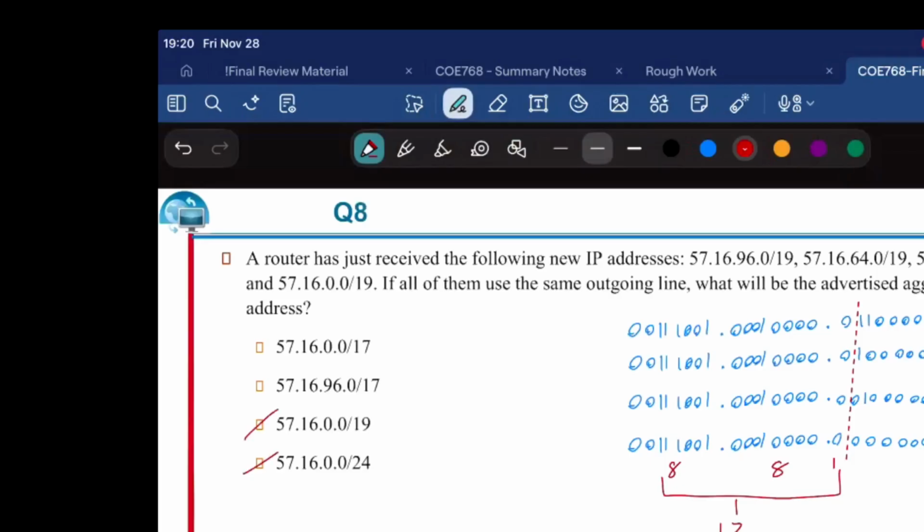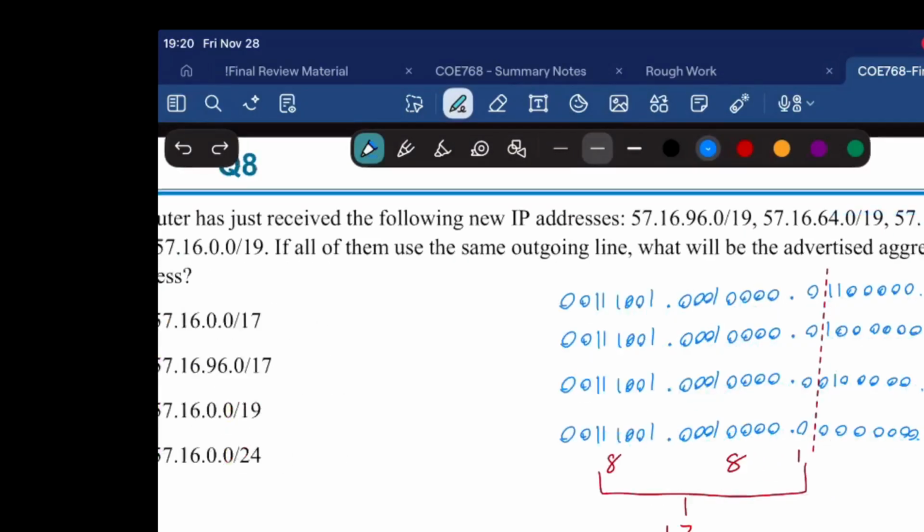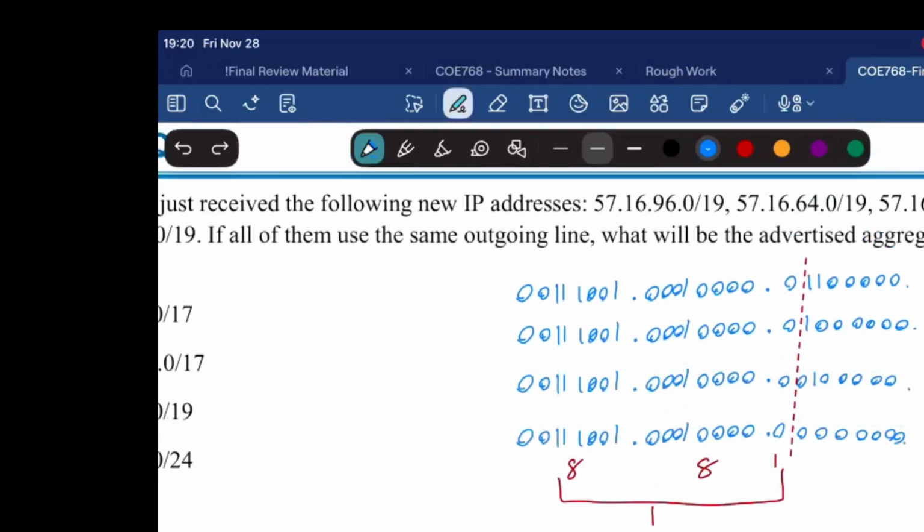So we can remove these two from our options, as we have to use the ones that have 17 as the subnet mask. Next, to determine which of these two we'll be using, we look at this third octet. If we write out this network address, we would have 57.16, and since all of these are set to 0, the third and fourth octets would be 0.0 with the subnet mask of 17.